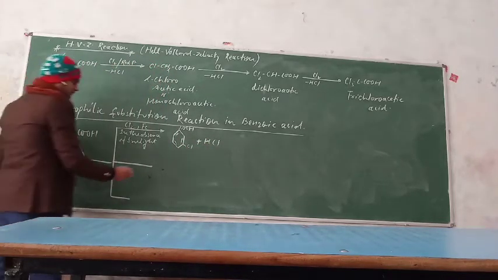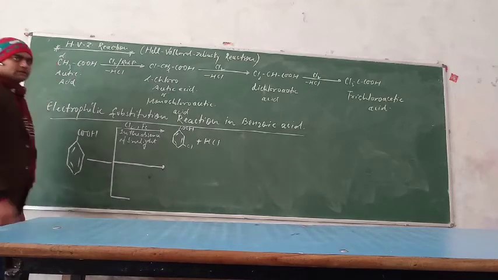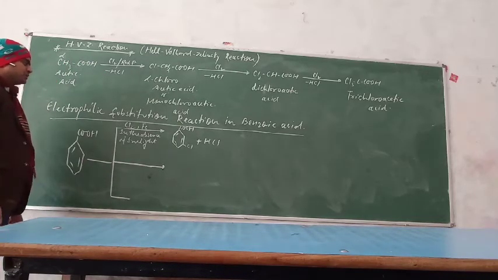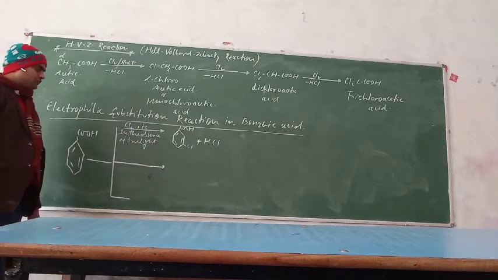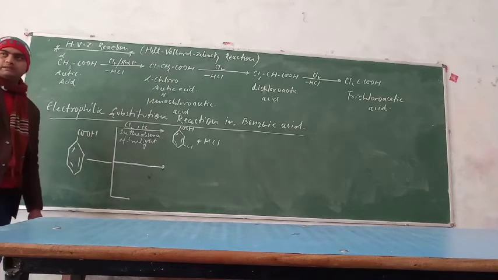Clear? Because benzoic acid is meta-directing. In benzoic acid, the carboxylic group is the meta-directing group, and the incoming new atom or group will occupy its meta position. So we get the metachlorobenzoic acid.